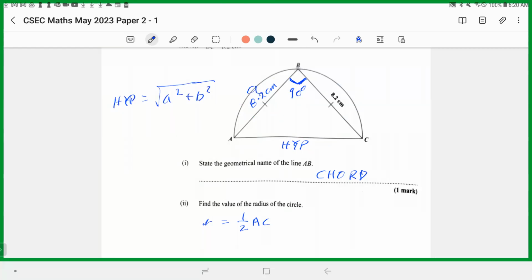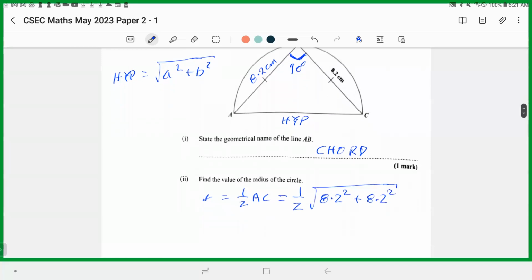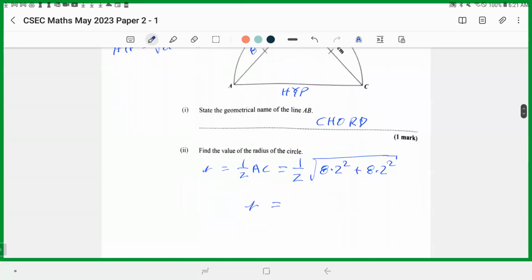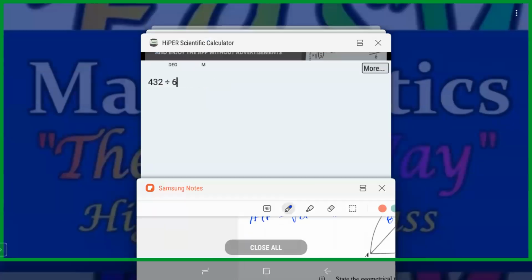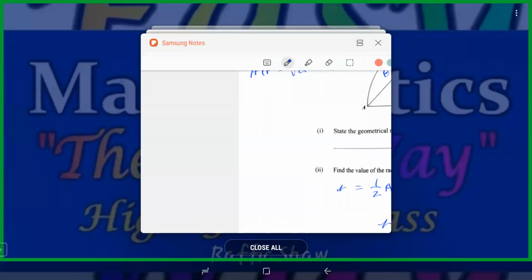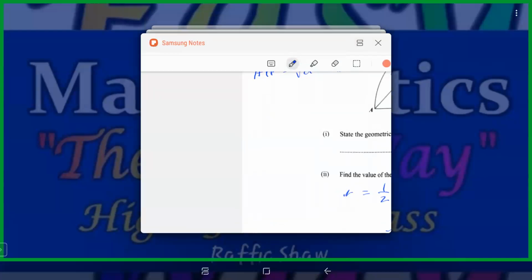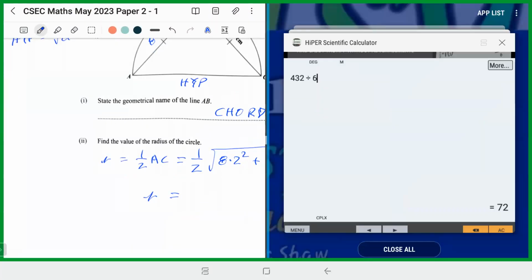This is A and this is B, but they happen to be equal, right? In any case, we're working it out. It becomes half the square root of 8.2 squared plus 8.2 squared. That will give us our radius. Let's get a calculator and let's do it. That will give us the radius quick and fast. Let's just calculate it here.